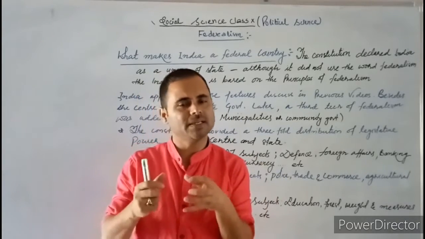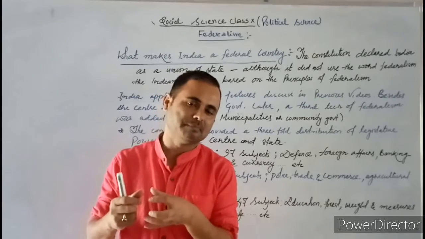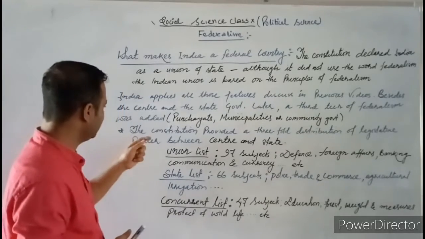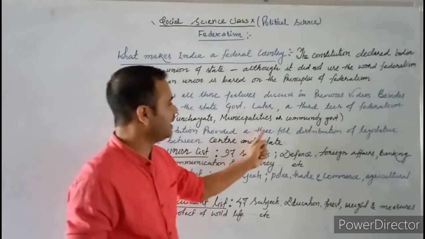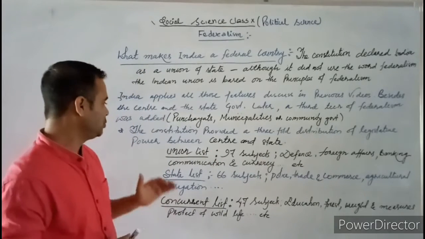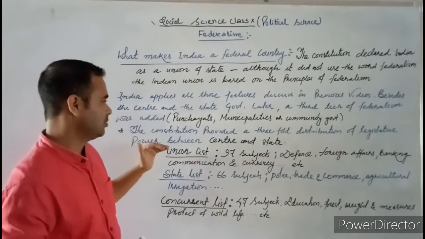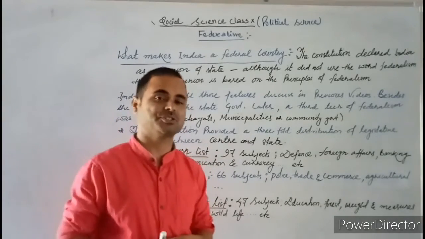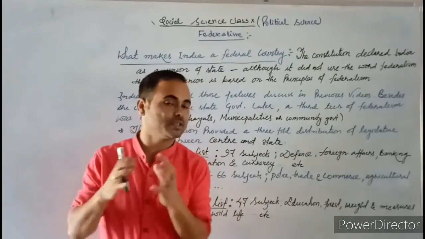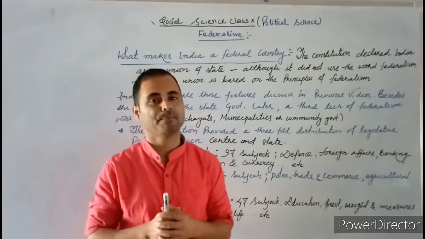But besides these features, one very special characteristic of Indian federalism is what we are going to see. The Constitution provided a threefold distribution of power to legislate or administrate between the center and the state. It means how the center will administrate, what are the powers of the center, what are the powers of the state.